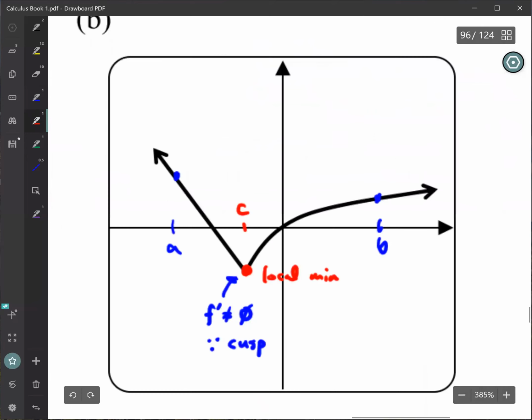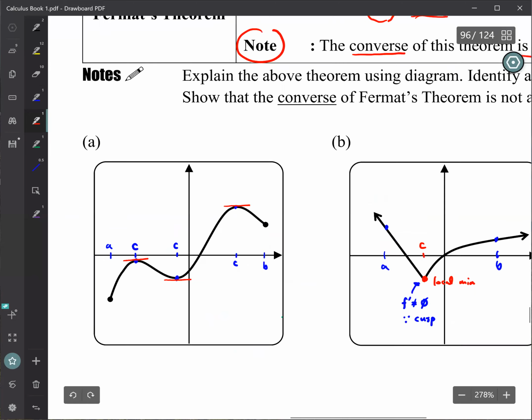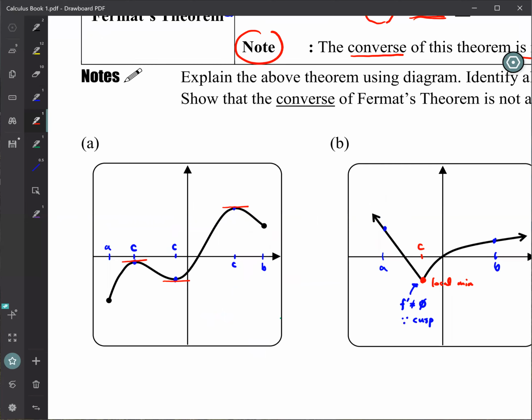If we confirm it's a local minimum, then the slope there could either be 0 or doesn't exist. Oh, okay, I understand. Thank you. So the first thing to do is to confirm it's local.